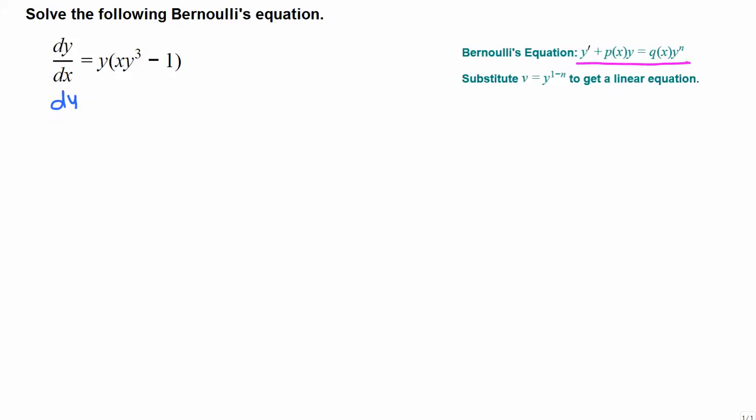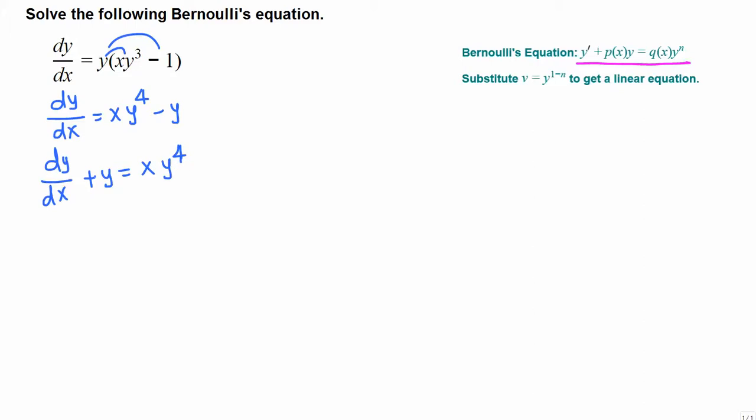So dy over dx equals, let's distribute y, x y to the fourth minus y, and let's move y to the left side. So dy over dx plus y equals x y to the fourth.